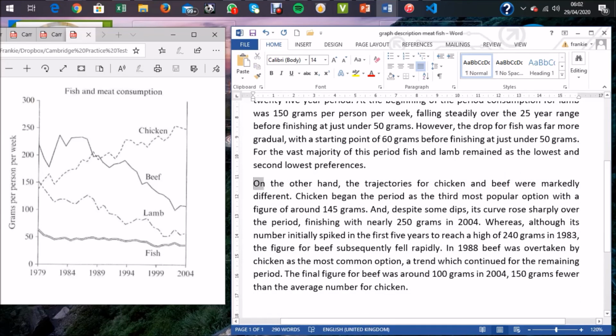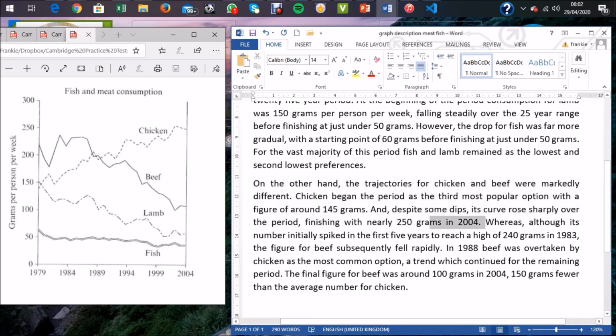On the other hand, the trajectories for chicken and beef were markedly different. Chicken began the period as the third most popular option, with a figure of around 145 grams, and despite some dips, its curve rose sharply over the period, finishing with nearly 250 grams in 2004.